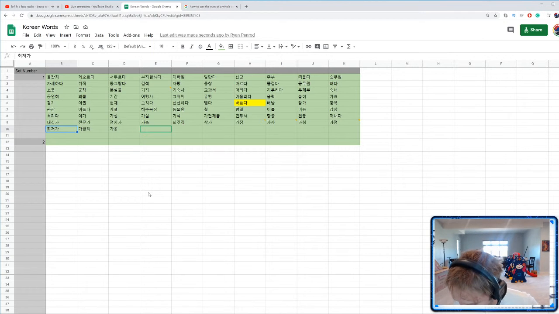Degree of acceleration. 동가. 도속가. 가속도. How to reverse? I said 도속가. It's 가속도. 가속도.